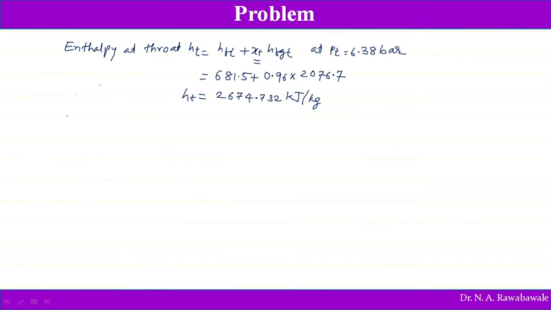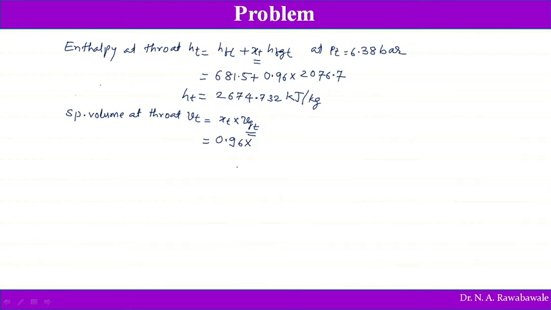One more thing we need, specific volume at throat. VT is equal to XT into VGT. XT dryness fraction is known, that is 0.96, just now we calculated, into VGT.